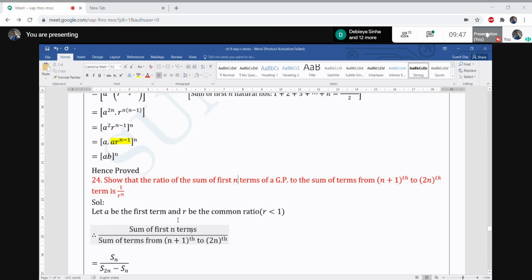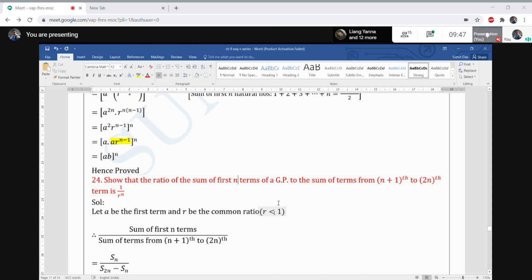Let us proceed with the question, then you will understand. This part feels a little complicated, right? The n plus 1 to 2n part. How to do it? I'll teach you. Let a be the first term and r be the common ratio, and we are taking here r is less than 1.